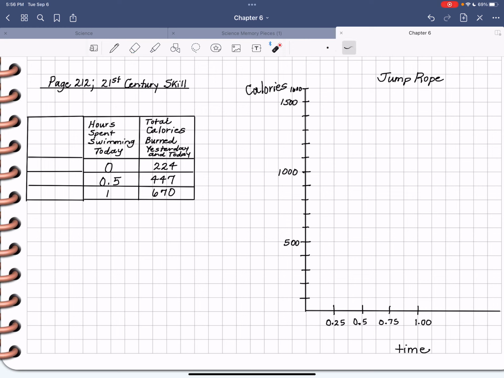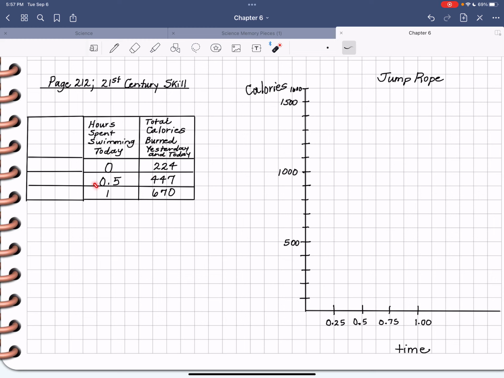So in the table, this is hours spent swimming today, and then total calories burned for yesterday and today. So if he doesn't swim at all today, he still has 224 calories that he burned yesterday.